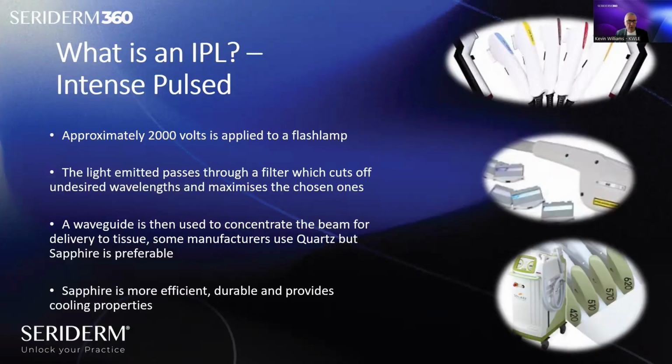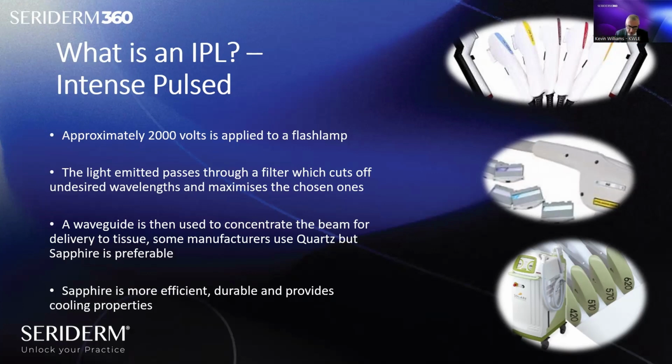And we take 2000 volts and we put this across a flash lamp. That emits this burst of white light. And then we use some sort of waveguide to guide the light down. So you can see here, these are filters that you put in. And in these handpieces, you can see one here, you've got this waveguide. And the idea behind a waveguide is to try and give it some sort of coherence, okay?